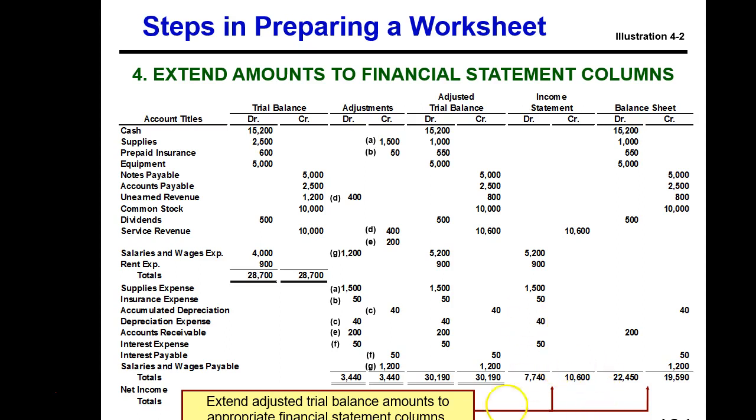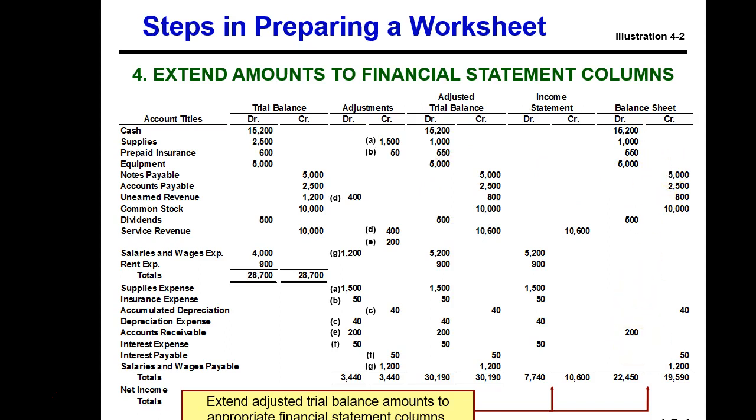Notice that as of right now, for the income statement section, the debit column does not equal the credit column, but we're going to make these balance out during the last step of preparing the worksheet. The other accounts, your assets, your equity accounts, and your liability accounts, take those balances from the adjusted trial balance and bring them over to the balance sheet.